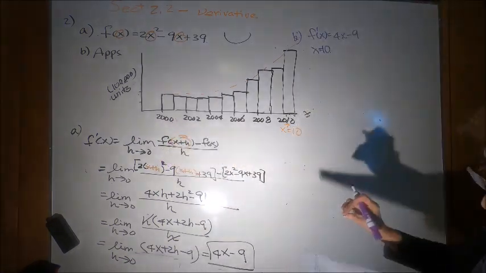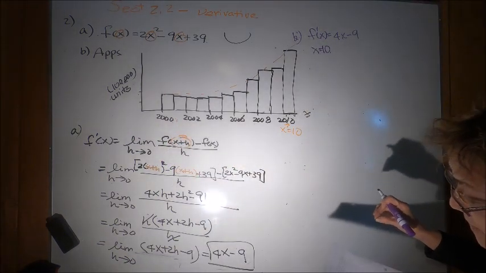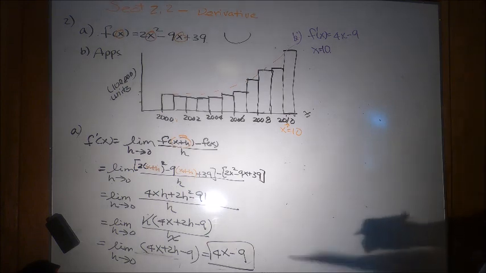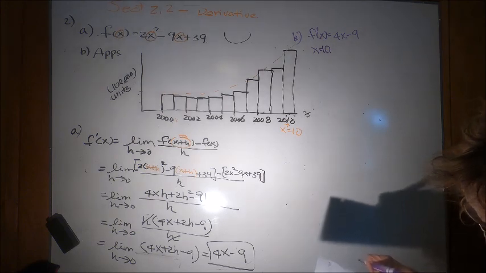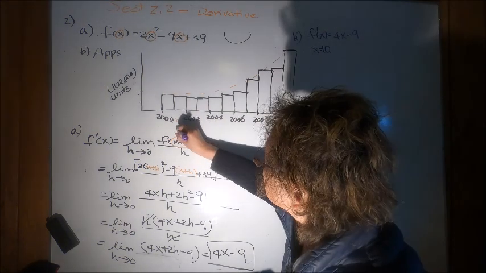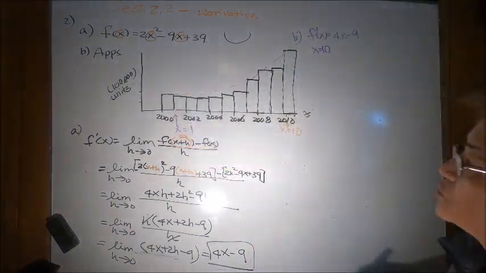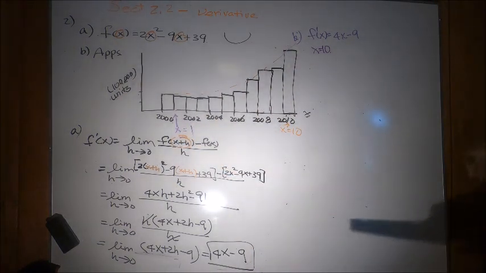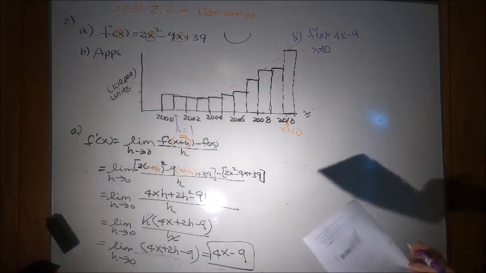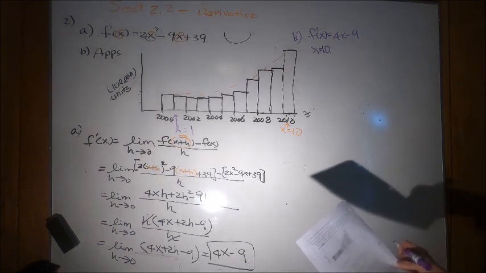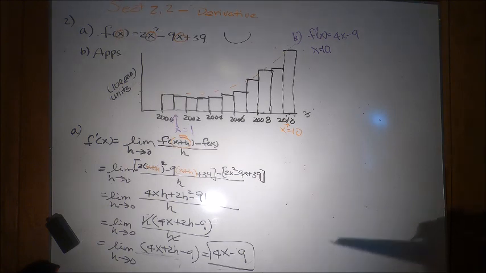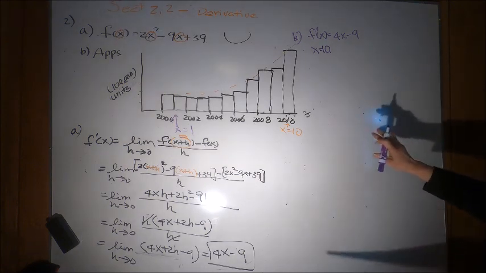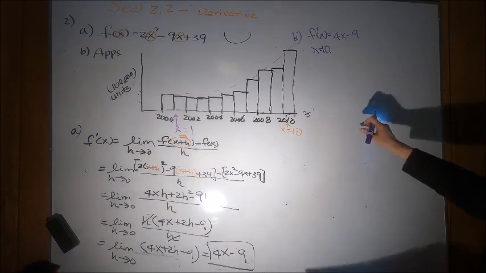We say x started from year 2000. So year 2000 is what? Oh yeah, that's correct. Okay, well, we're talking about x equals 1. Okay, so let's take a look. And so at x equals 10, then what's your derivative?